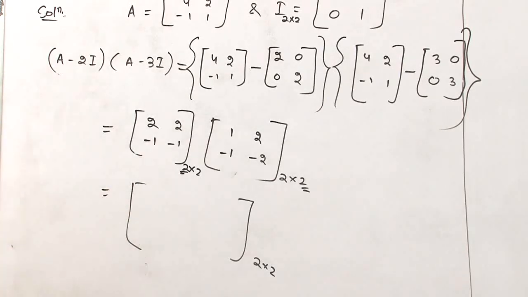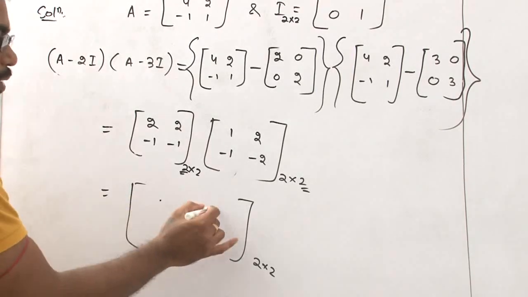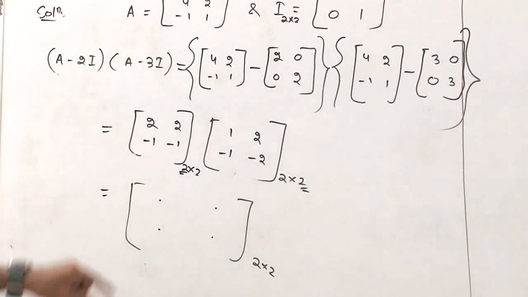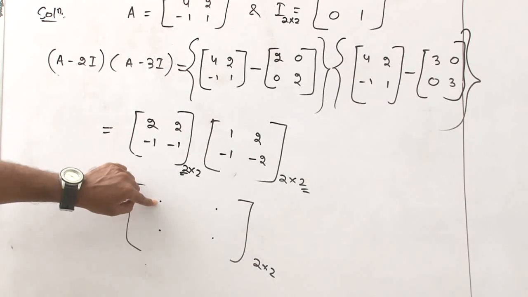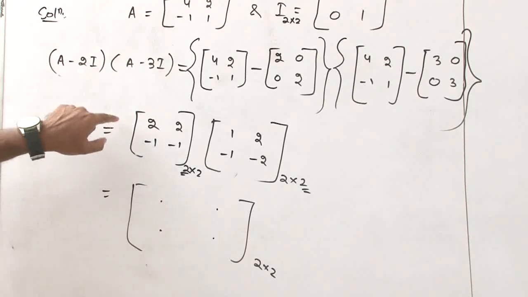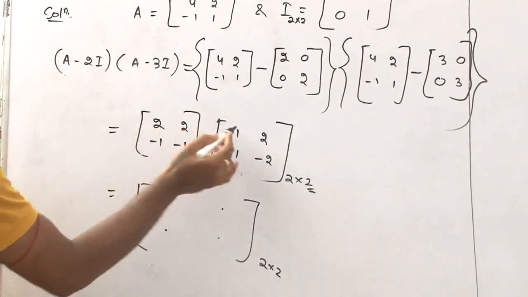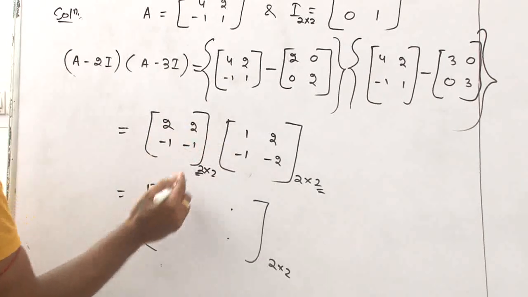Now we have to multiply. As it is 2 into 2, that means we have to write 4 elements. The element of first row, first column, A11, is the multiplication of first row and first column. So we get 2 into 1, that is 2, 2 into minus 1, that is minus 2.